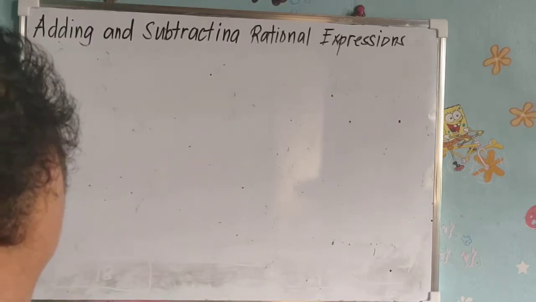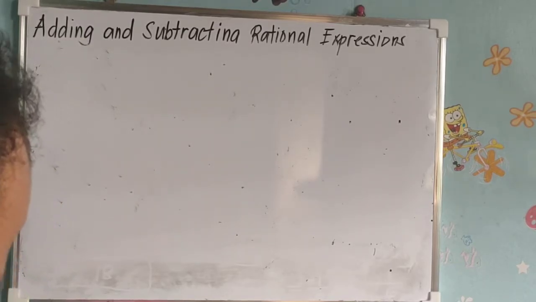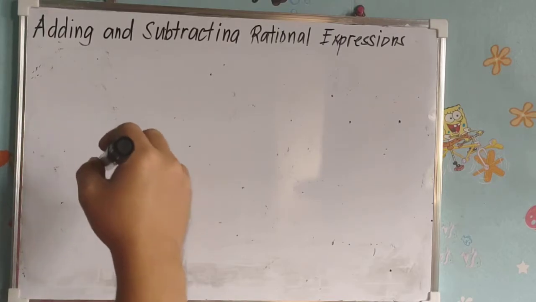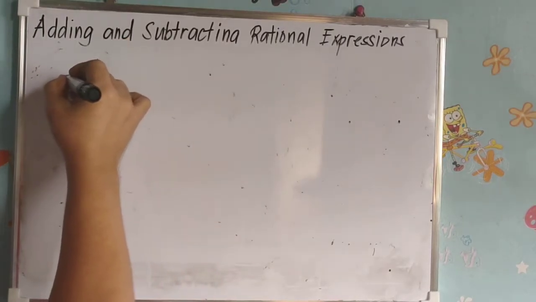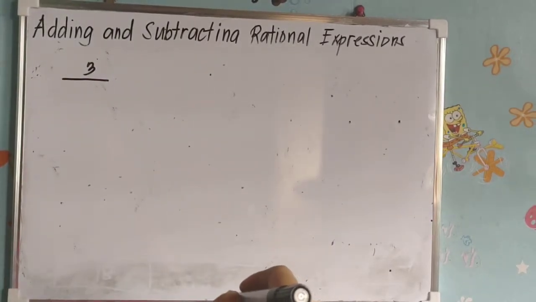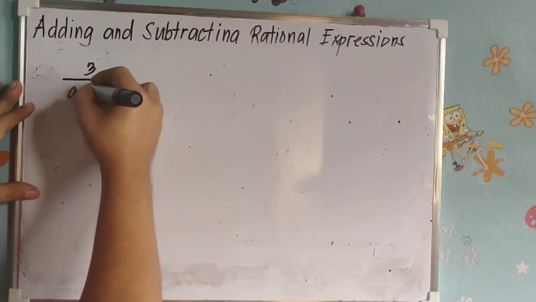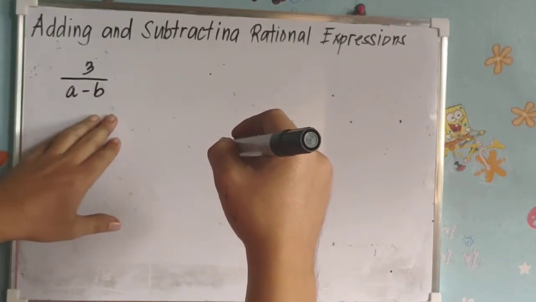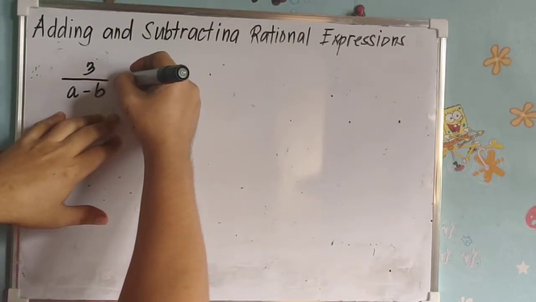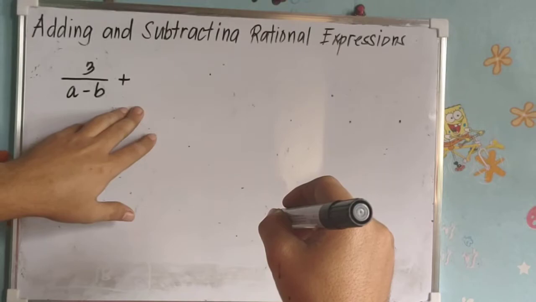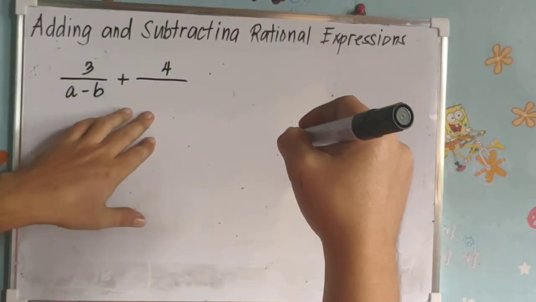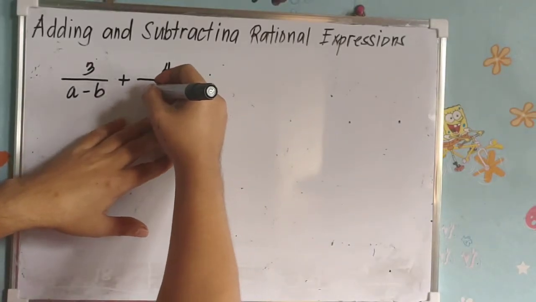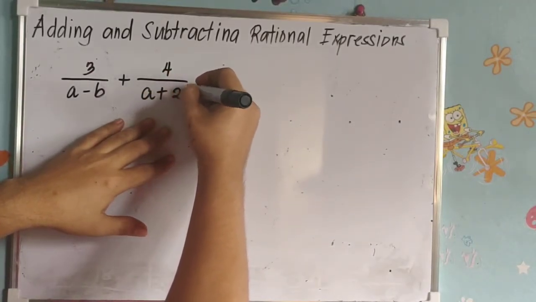And our next example is 3 over a minus b plus 4 over a plus 2b.